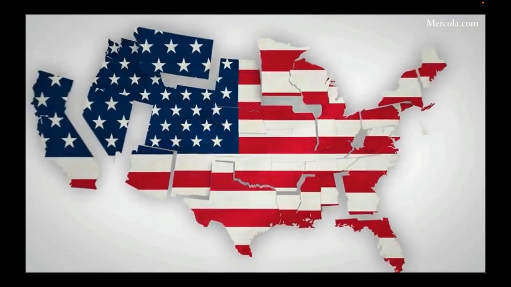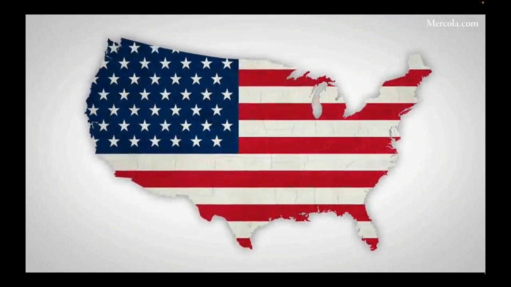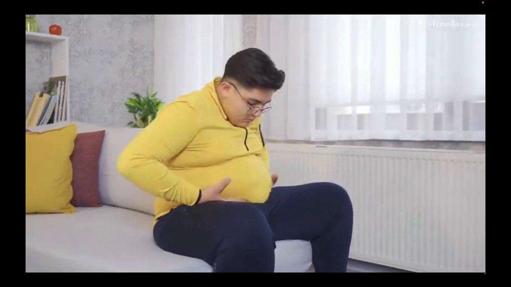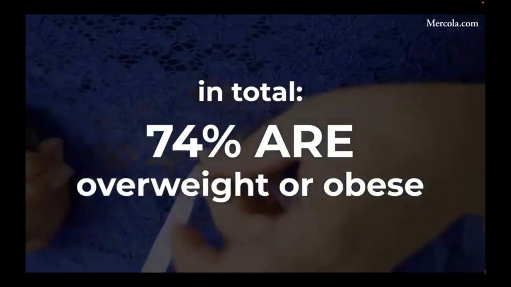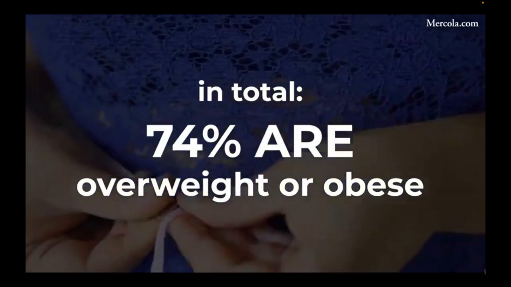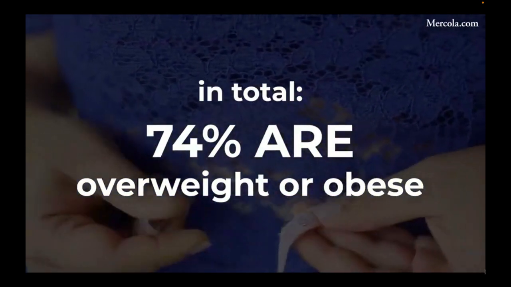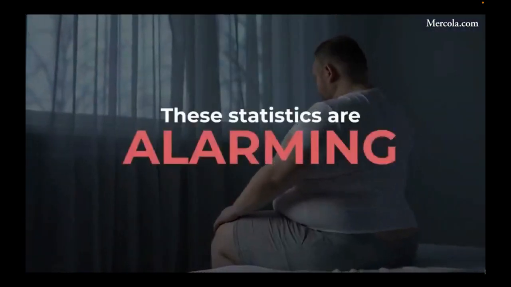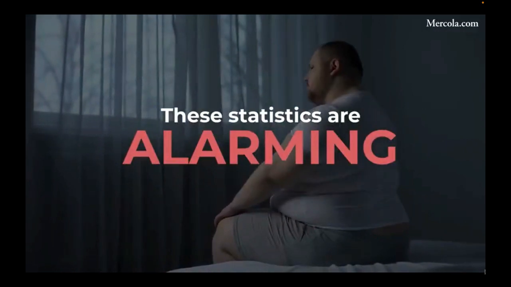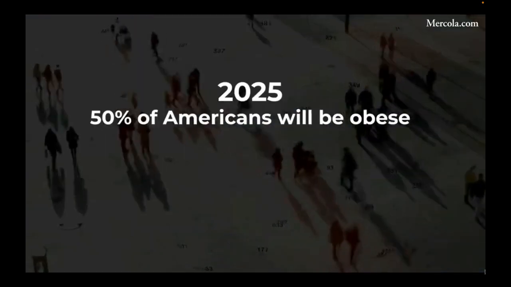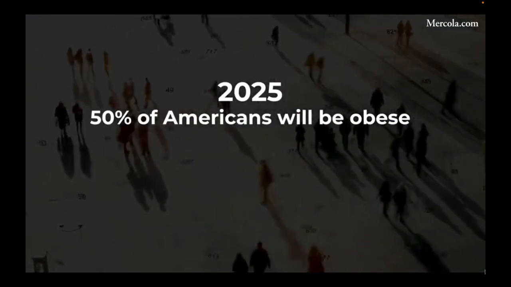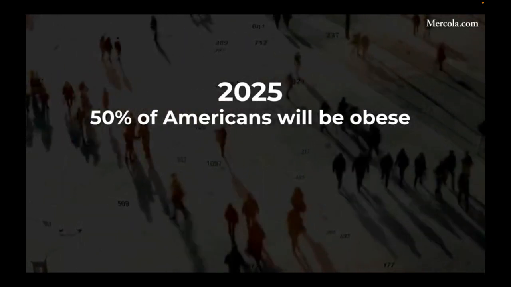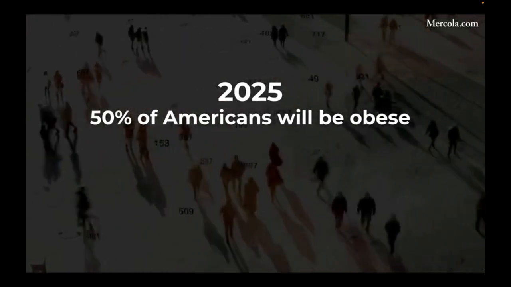In the United States, nearly 43% of adults 20 years and over are obese. Well, in total, nearly 74%, or 3 out of 4 people, are overweight or obese. Well, these statistics are already alarming. The American Obesity Association suggests that by 2025, a mere 2 years from now, 50% of Americans will be obese.